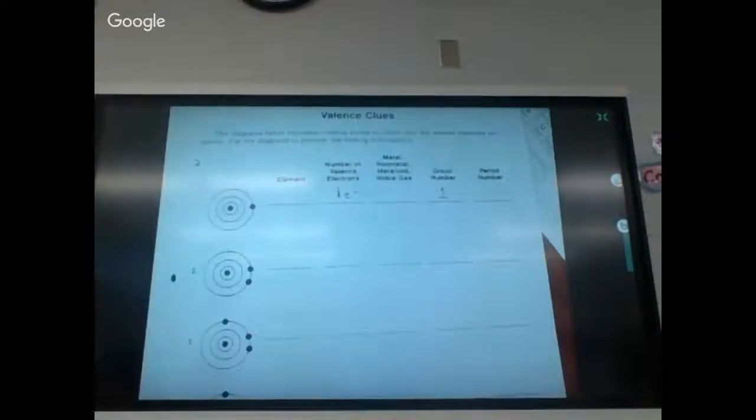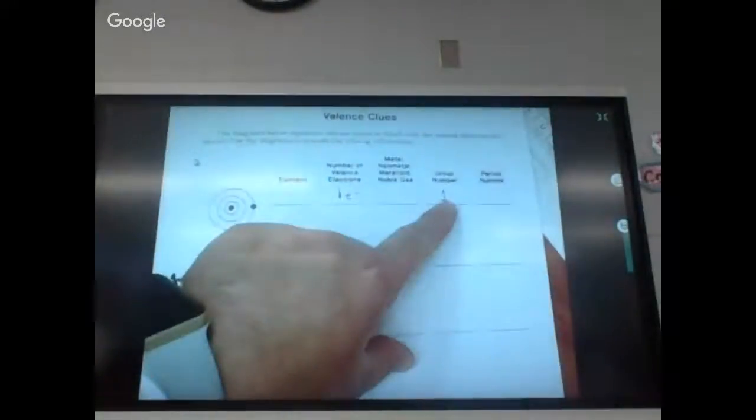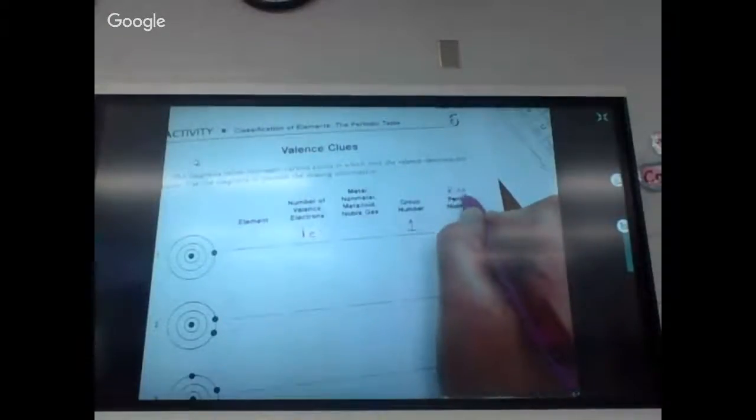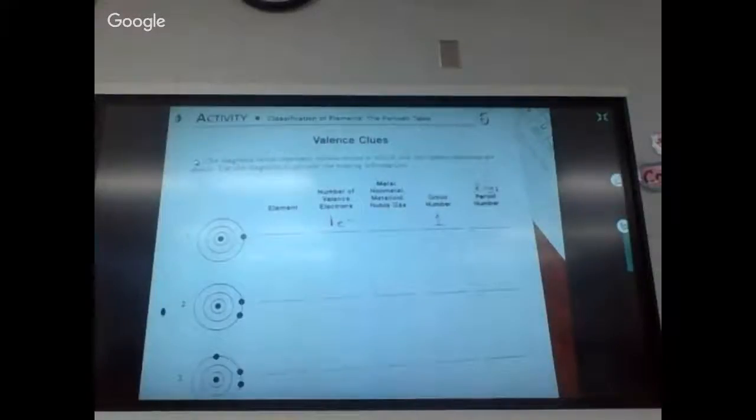It's not period 1. How do we figure out the period from that drawing? We already got group 1 because it's one outer shell electron. We're talking about the period. The rings tell the period. So, how many rings are there? So that means we're in what period?